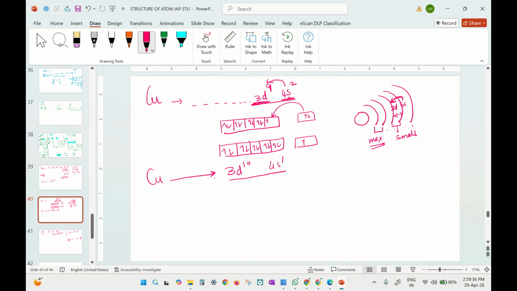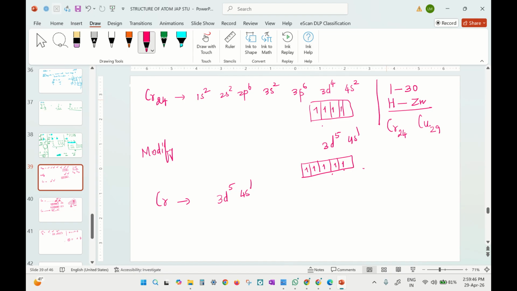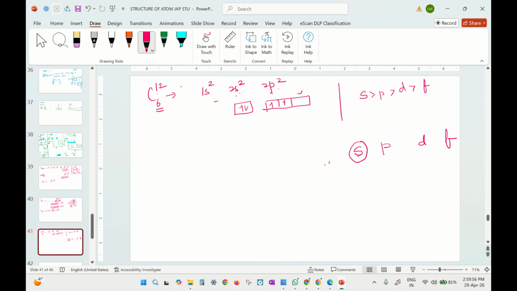So it is coming closer to the nucleus. So that's what I said. From the 1 to 30 elements, the abnormal electronic configuration concept is exhibited only by chromium and copper. You cannot take carbon as anything exceptional going on inside it.